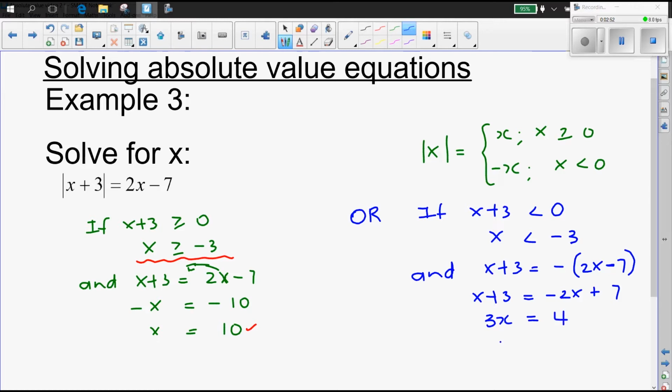I divide both sides by 3, so x equals 4 over 3. Once again, I check my solution against my restriction. I'm looking for any value less than negative 3, and 4 over 3 does not satisfy my restriction. So the only solution is x equals 10.